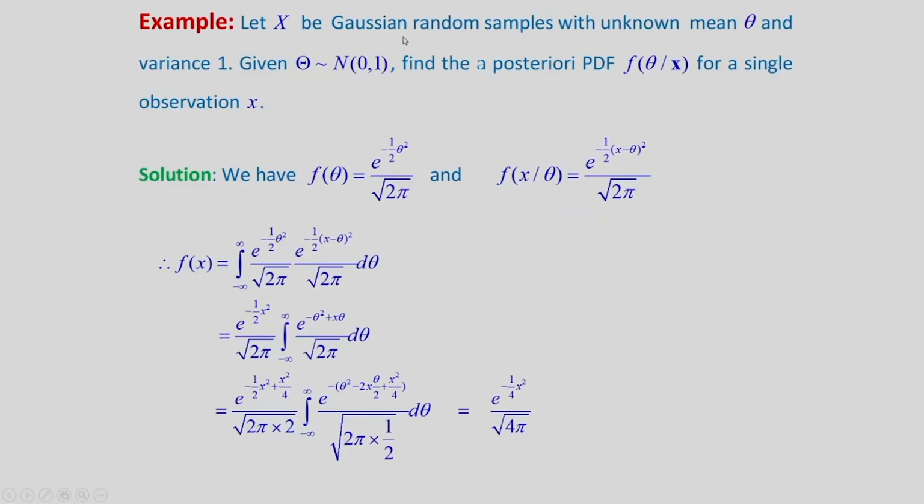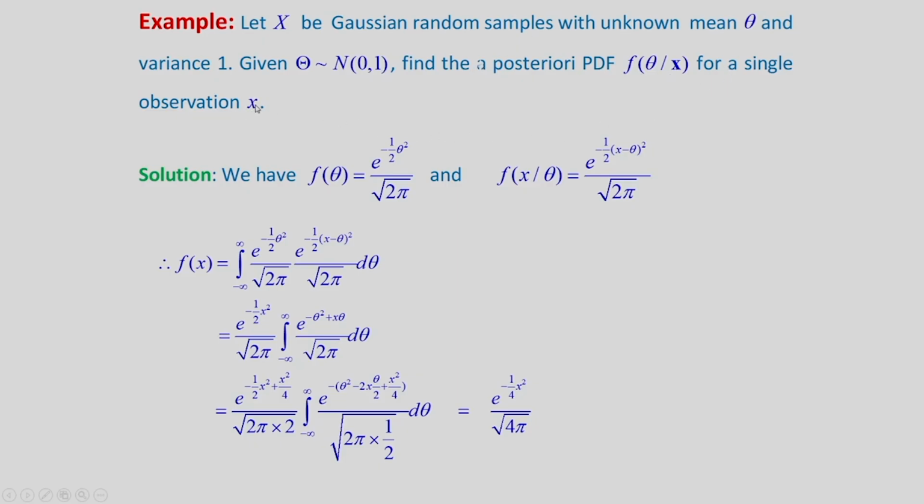Let x be Gaussian random samples with unknown mean theta and variance 1. Given theta distributed as normal 0, 1, find the a posteriori PDF f theta given x for a single observation x.